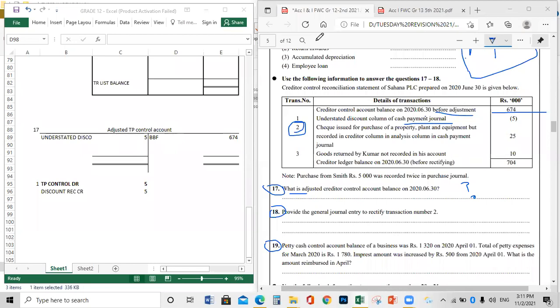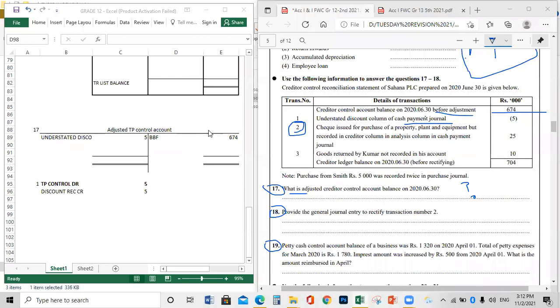Yes, guys, property, plant and equipment is a non-current asset. The column you're going to record is the other payment column. So that means it should come under other payment. The mistake they did was they went and recorded in the creditor column.